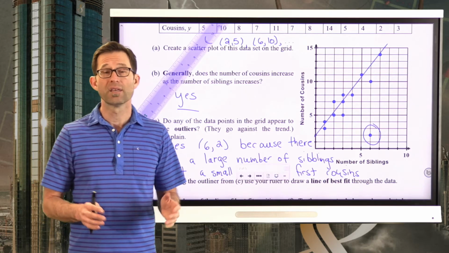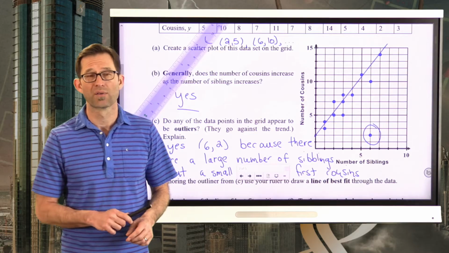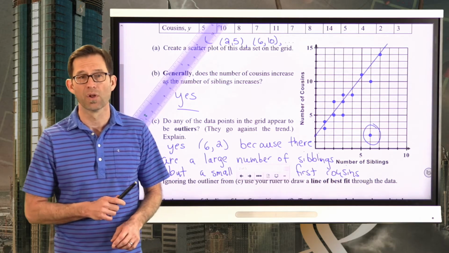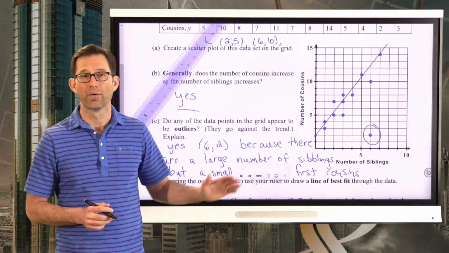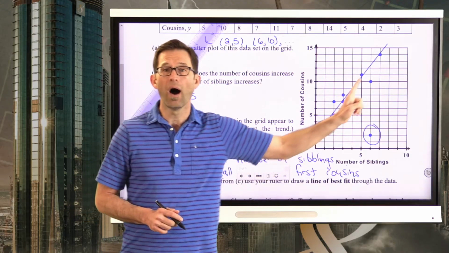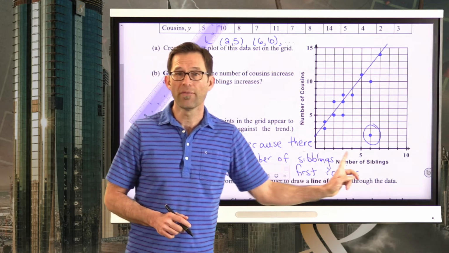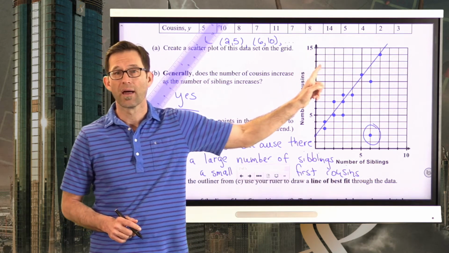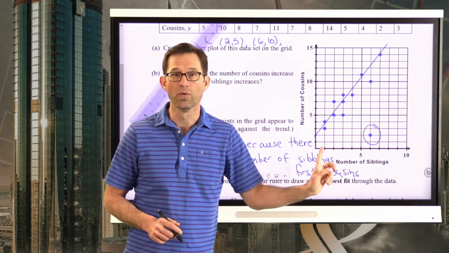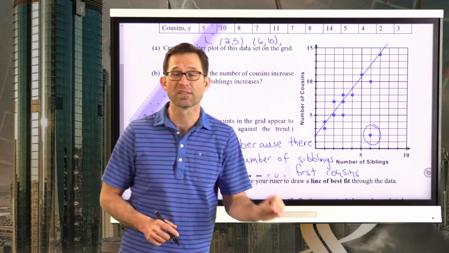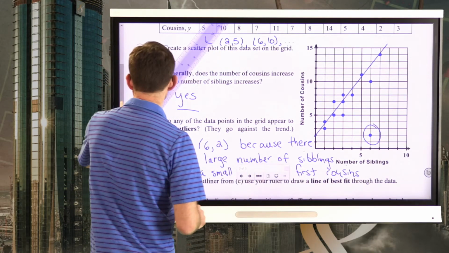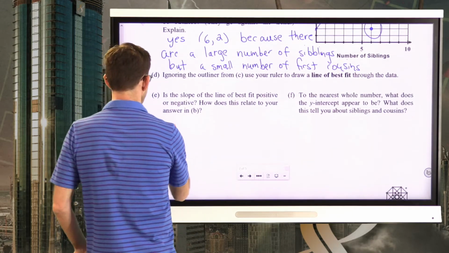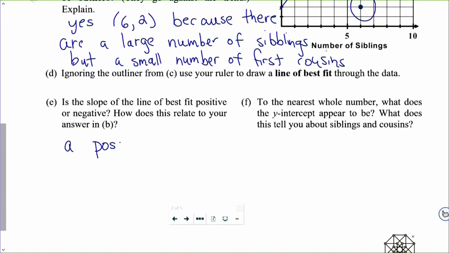Well, now you might say to yourself, well, how do I know whether it's positive or negative given that I haven't calculated the slope of this line? Well, keep in mind, any line that goes up as we go from left to right on the x-axis has a positive slope, and any line that goes down as we move from left to right along the x-axis has a negative slope. So this definitely has a positive slope.